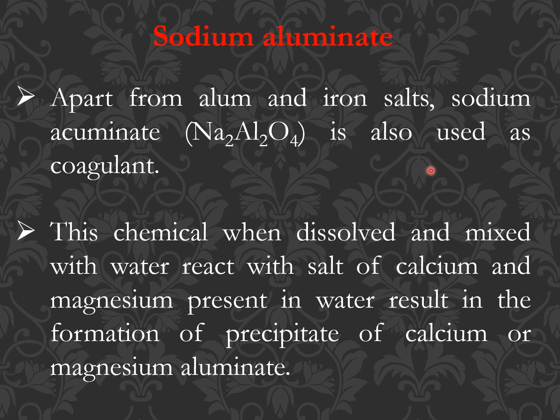Okay, so how it is used: sodium aluminate, Na2Al2O4, is used as a coagulant. The chemical, when dissolved and mixed with water, reacts with the salts of calcium and magnesium present in the water, resulting in the formation of calcium or magnesium aluminate.